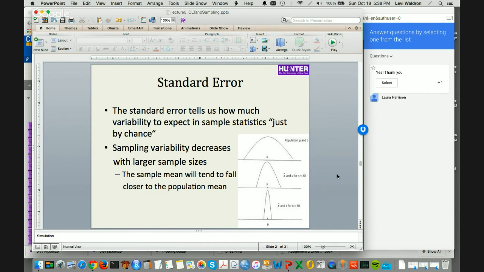We can observe the standard deviation of individuals because we'll observe multiple individuals, but typically we'll only have one sample. The standard error is based on a hypothesis or an actual population, and tells us for a sample of a certain size how much variability to expect by chance.